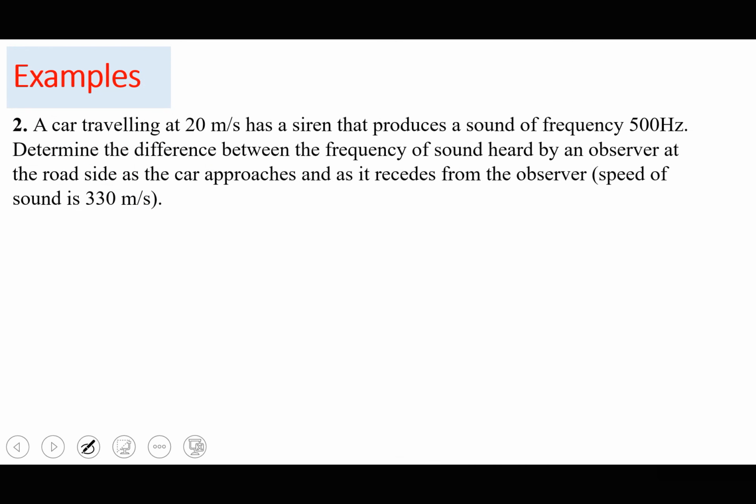A car traveling at 20 meters per second has a siren that produces a sound of frequency 500 hertz. Determine the difference between the frequency of sound heard by an observer at the roadside as the car approaches and as it recedes from the observer.